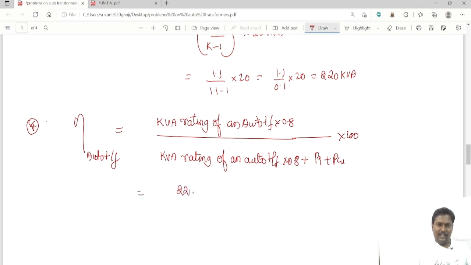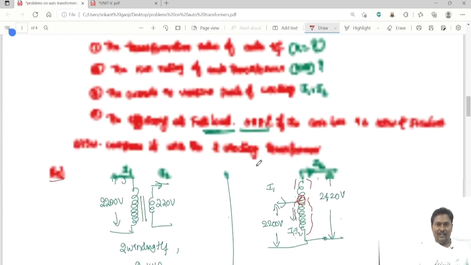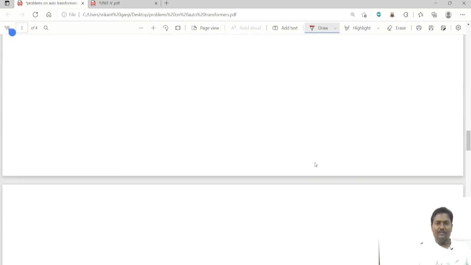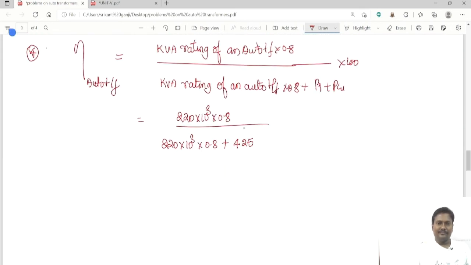So 220 into 10 to the power of 3 into 0.8 divided by 220 into 10 to the power of 3 into 0.8 plus iron losses plus copper losses, which is 425. Why? Because iron loss is given as 150, so 150 plus 275 is equal to 425 watts, into 100. Then I got the efficiency as 99.57759%.